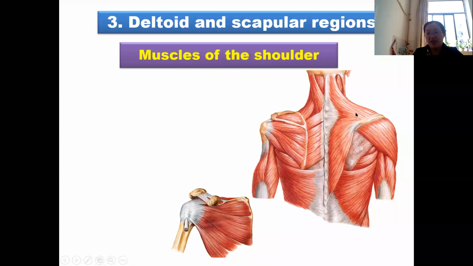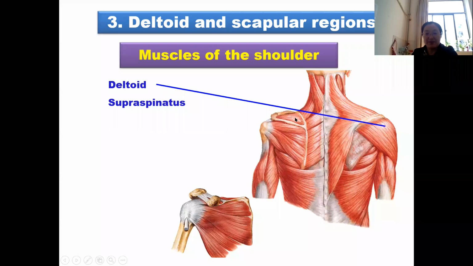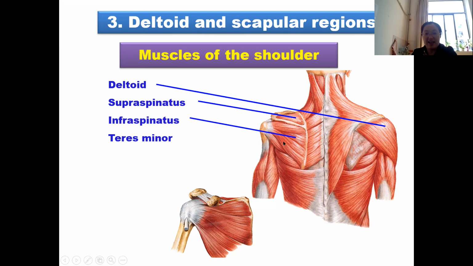The trapezius muscle is inserted to here, the spine of the scapula. When we strip off the trapezius muscle, we can find the levator scapulae, deltoid muscle, supraspinatus, infraspinatus, teres minor, and teres major.